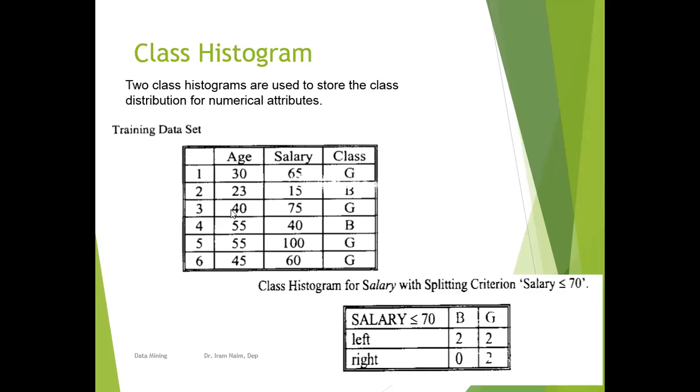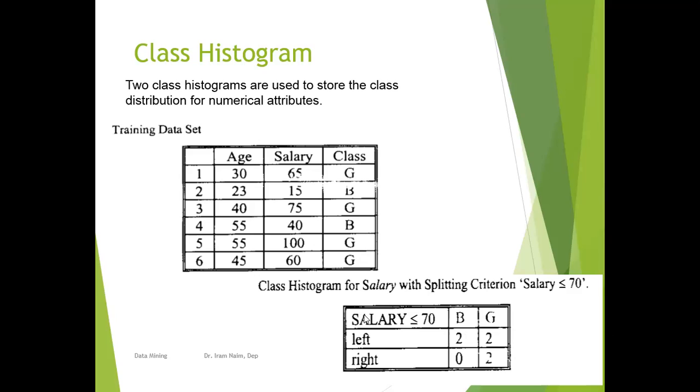Okay. So now you have to select the splitting criteria. What you need to do is sort this data and take a midpoint. So it will come out to be salary less than or equal to 70. We can draw it in a class histogram manner, where you can find the left side values and the right side values, and we have two class labels.